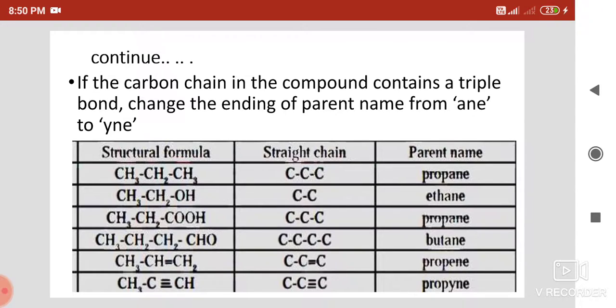Similarly, in the sixth example, CH3 C triple bond CH, there is a triple bond between the 2 carbon atoms. The parent name was first propane, but now a triple bond is there, so ANE is replaced by YNE, and it is propyne. That is the first step: first write the structural formula, then count the number of carbon atoms, and then write the name of the parent alkane, alkene, or alkyne. Now let us see step two.